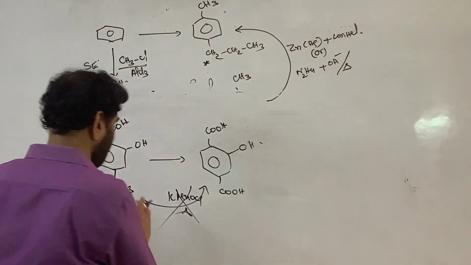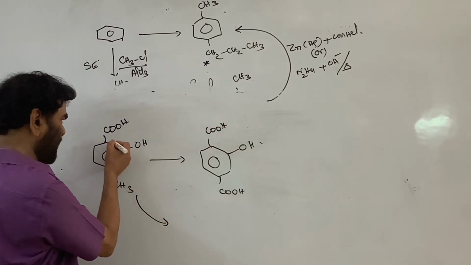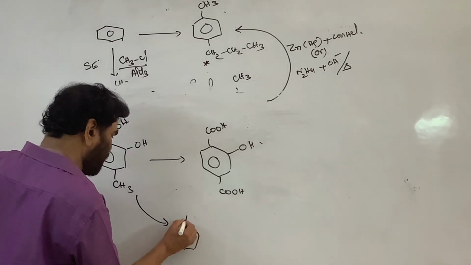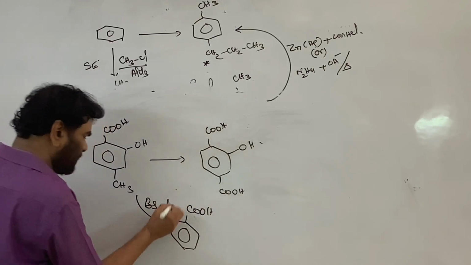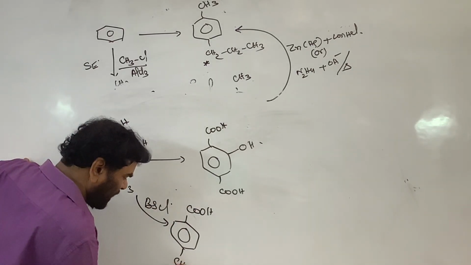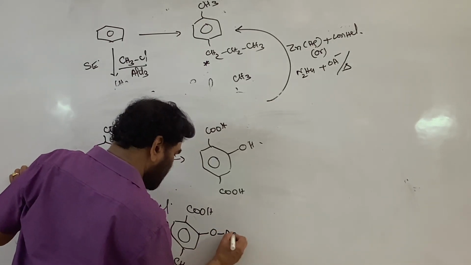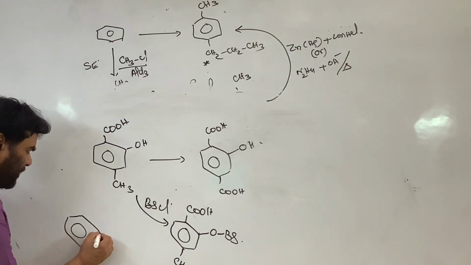So group protection is required. Now to prevent the involvement of this, first use benzene sulfonyl chloride, the Hinsberg reagent, and this is CH3. Benzene sulfonyl chloride is used for bisylation.